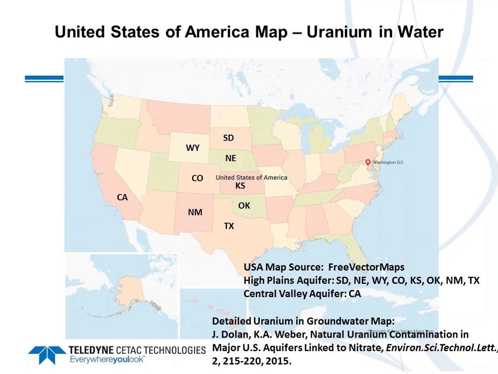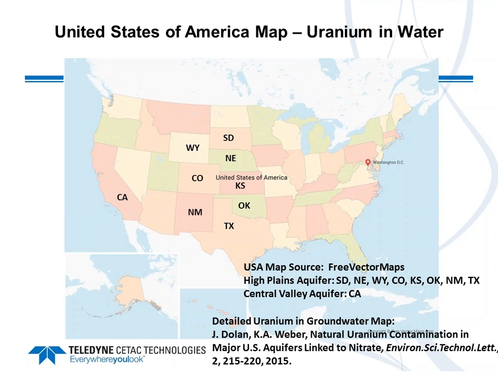One very large one called the High Plains Aquifer that includes 8 states in the central United States and the western states, and also the Central Valley Aquifer in California.